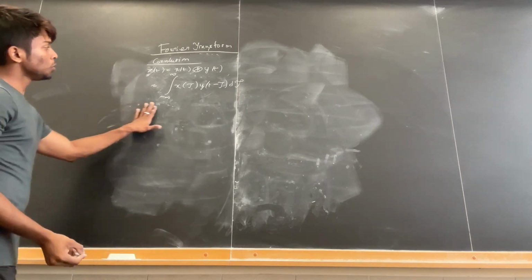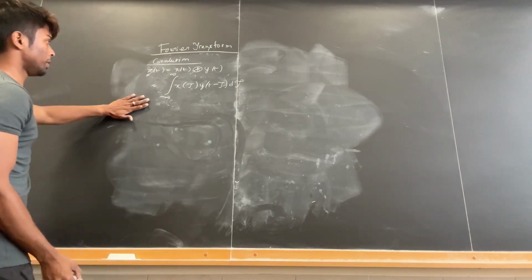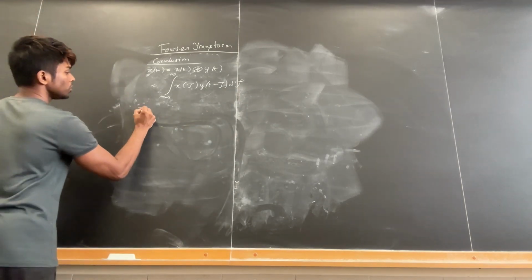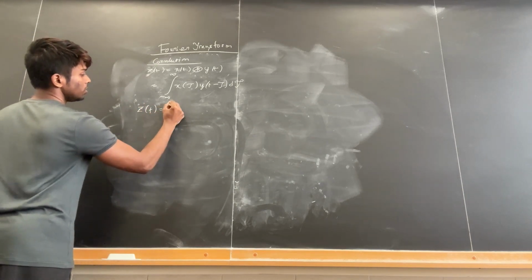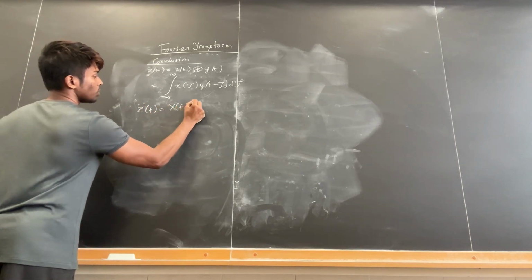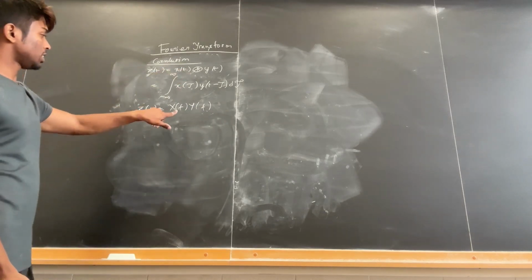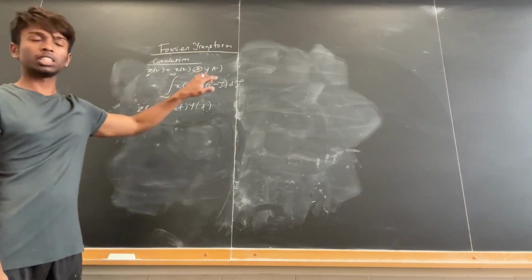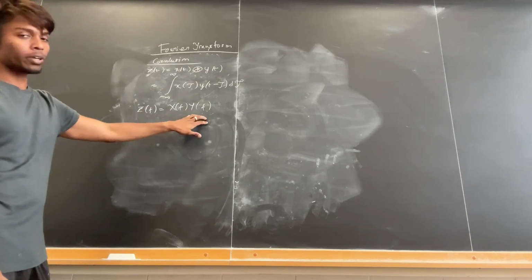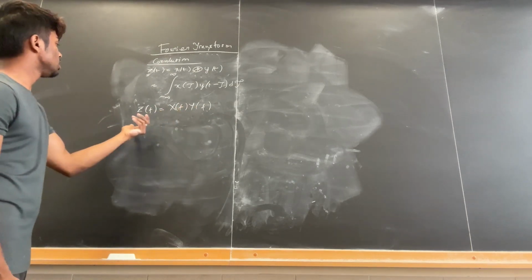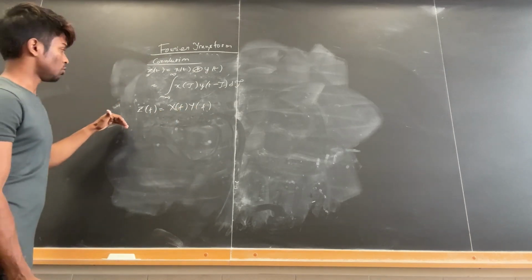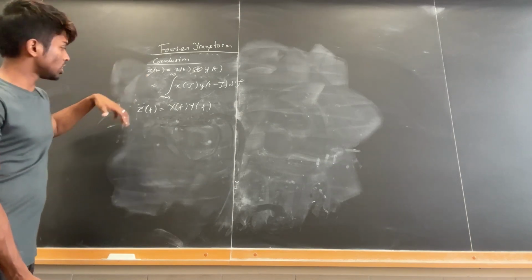So this is a huge integration in the time domain. But in the frequency domain representation, Z(f) is equal to X(f) times Y(f). It is just a simple product. So if x(t) has a frequency domain X(f), and y(t) has a frequency domain Y(f), then the product X(f) and Y(f) is basically the convolution's own frequency domain. If you do an inverse Fourier transform, you get z(t).